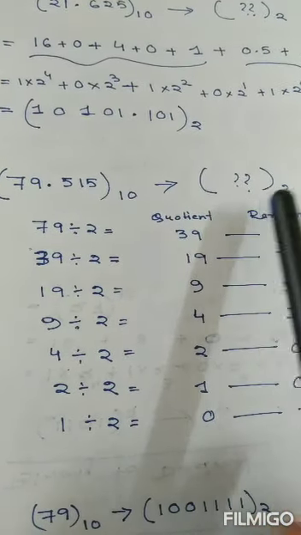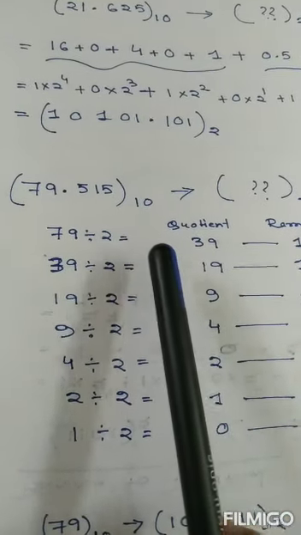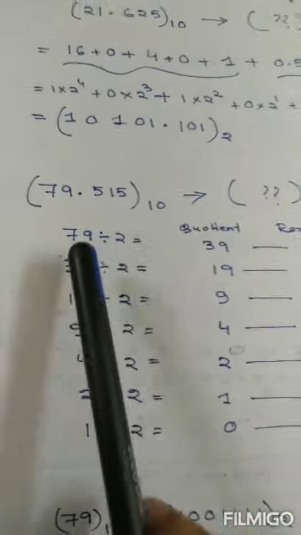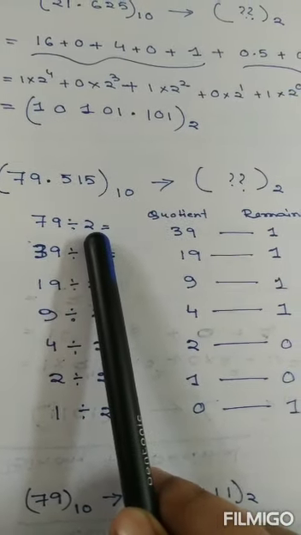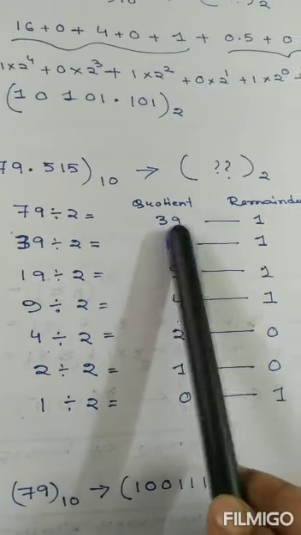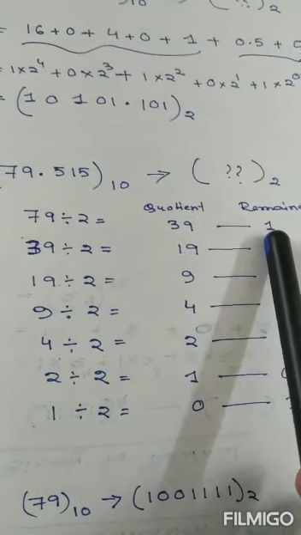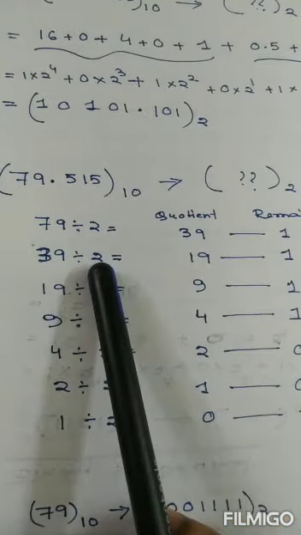The base of binary number is 2. So first divide this integer with 2. 79 divided by 2. There is a quotient value and a remainder value. Quotient is 39, remainder is 1. Then divide this quotient with 2 again.